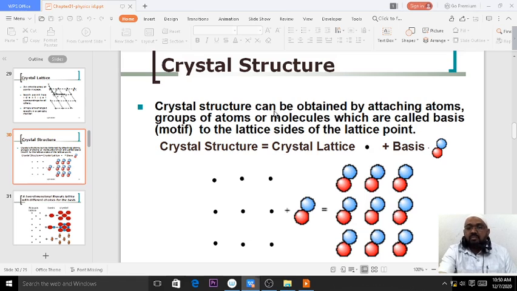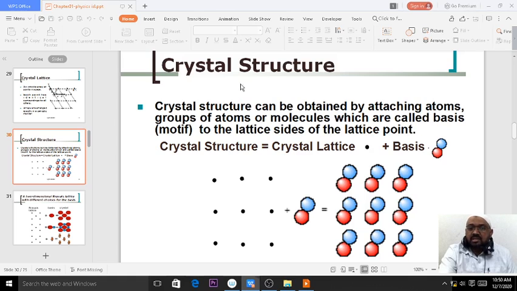So what will be the ultimate definition of crystal structure? Crystal structure can be obtained by attaching atoms, a group of atoms, molecules or ions, which are called the basis. The other name for basis is motif. These are attached to the lattice sites, the lattice points.